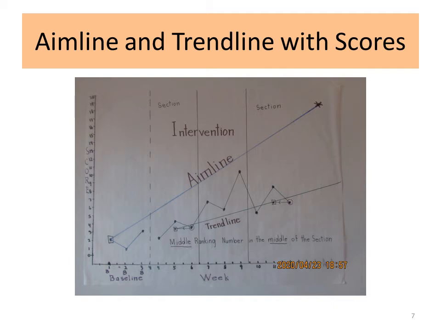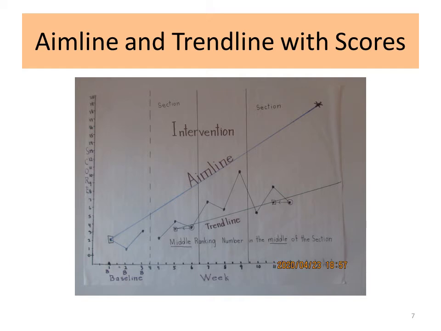Okay, it has to be in the middle of the section. And then I draw a box around it, as you see. Okay, so now I've moved it to pretend that that ranking score is in the middle of that first section.